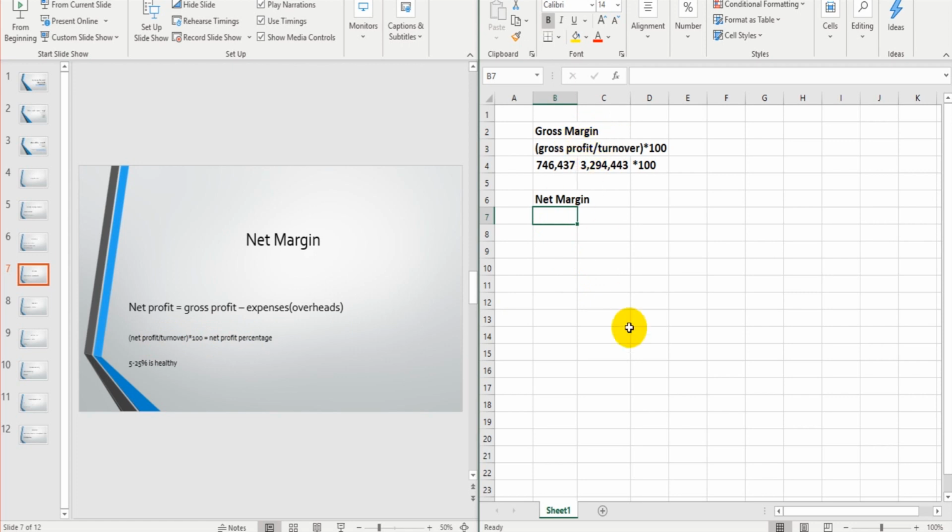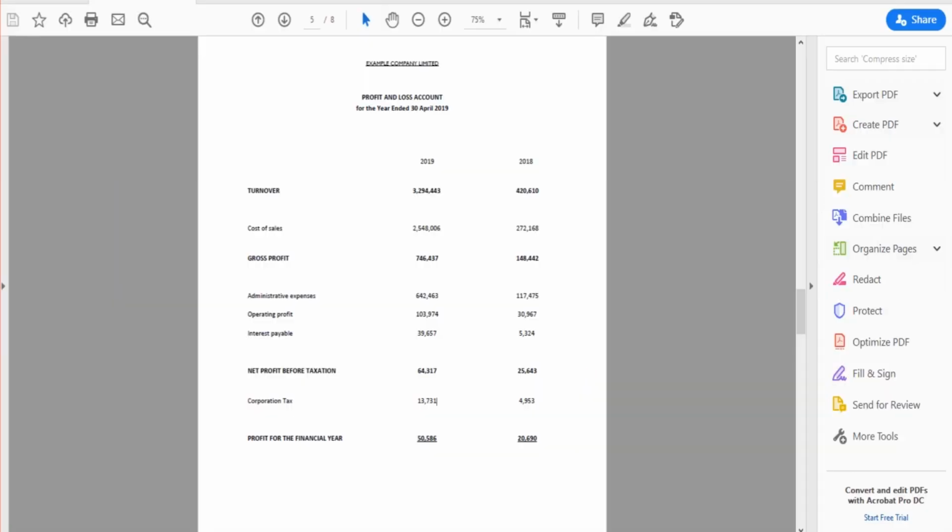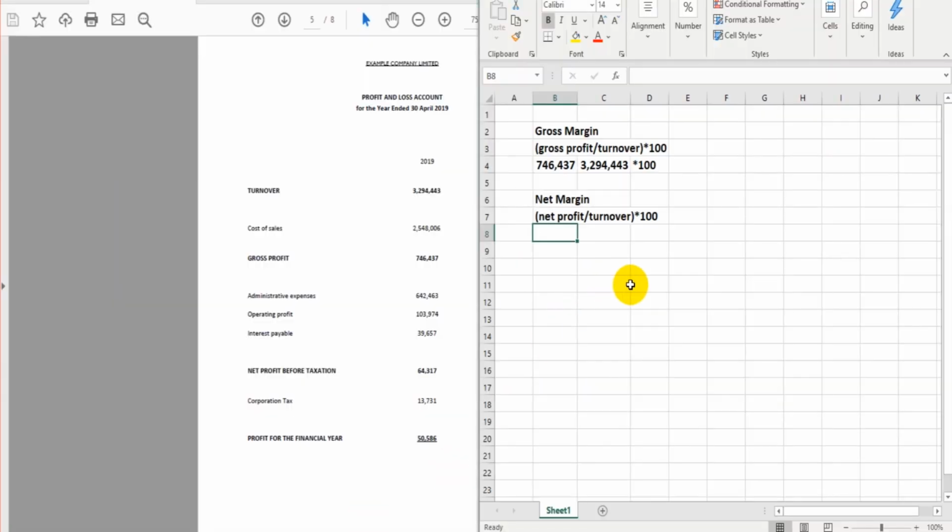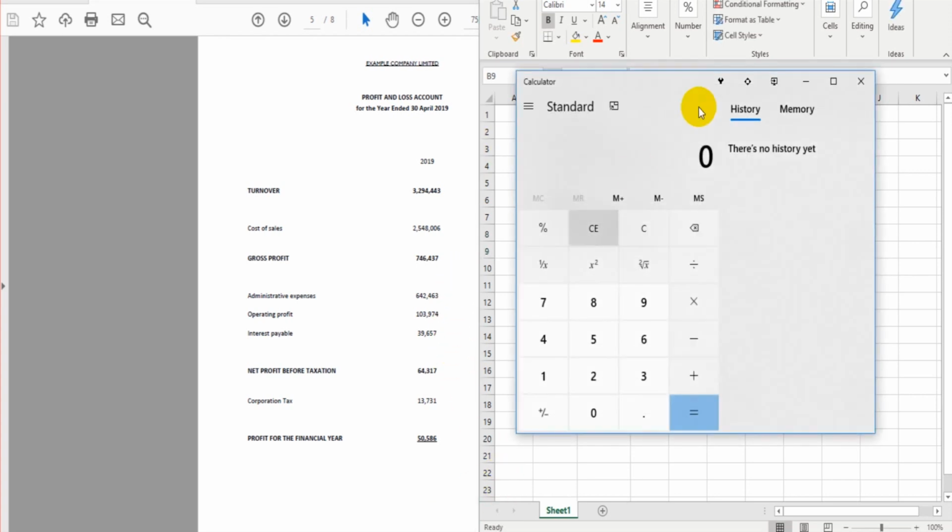Same calculation as before, but instead of gross profit we have net profit divided by turnover times by 100. So let's bring up the accounts and our notes. So the net profit is 64,317. We keep forgetting to put those commas in. The turnover is 3,294,443 times by 100. So let's bring up the calculator.